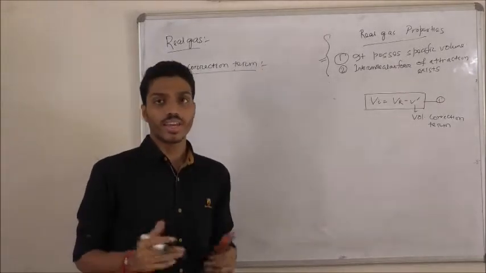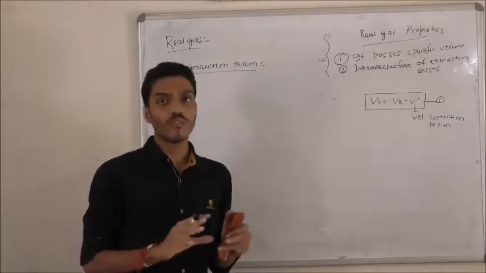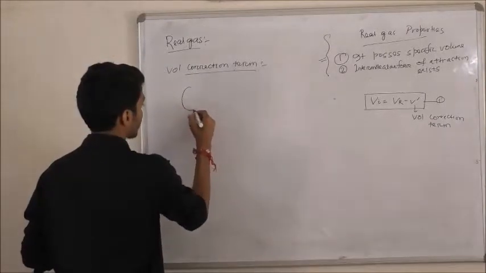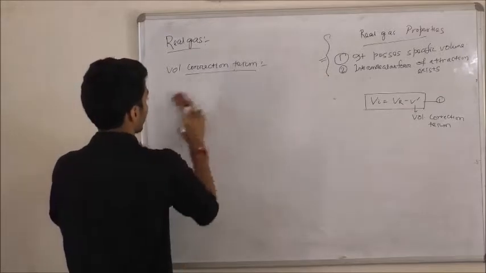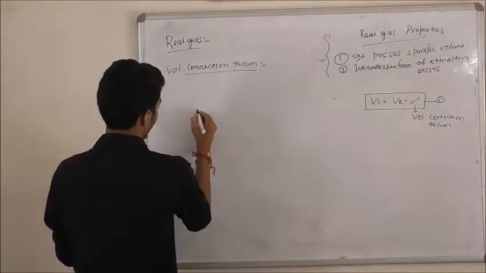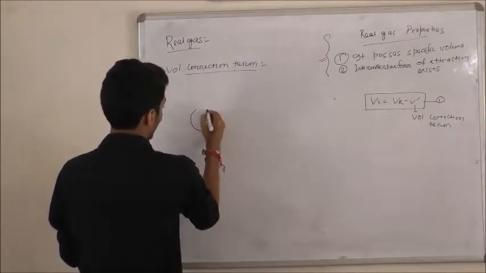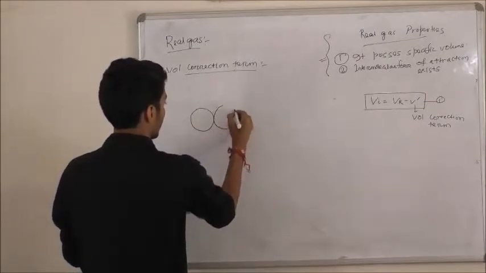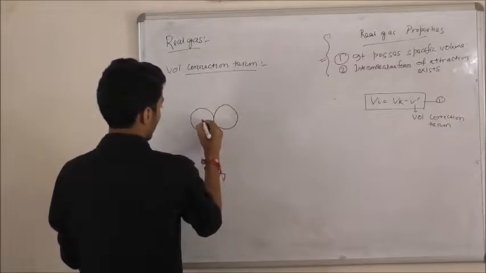Okay, let's take two gas molecules of radius capital R, which are attached to each other. So this is one gas molecule. This is another gas molecule.